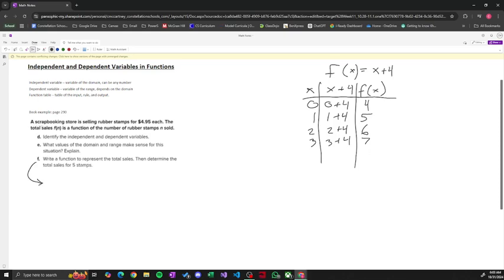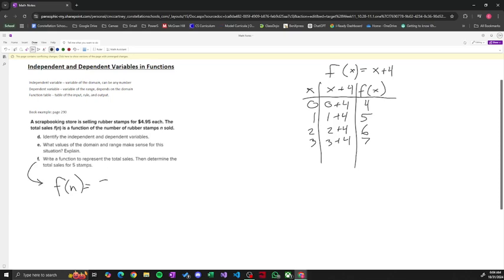If we look at the example, a scrapbook store is selling rubber stamps for $4.95 each. The total sales, f of n, so f of n is total sales, that's something that we should write down. F of n equals, f of n is a function of the number of rubber stamps n sold. So the rubber stamps are $4.95 each, and n represents the number sold.